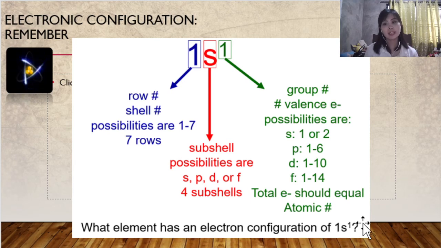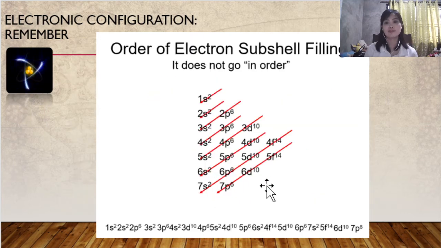Okay? And then 1. 1 means valence. Anong chemical symbol na merong 1 valence electron or atomic number? Very good. It is hydrogen. Okay? That is why it's very important to know about what is electronic configuration.